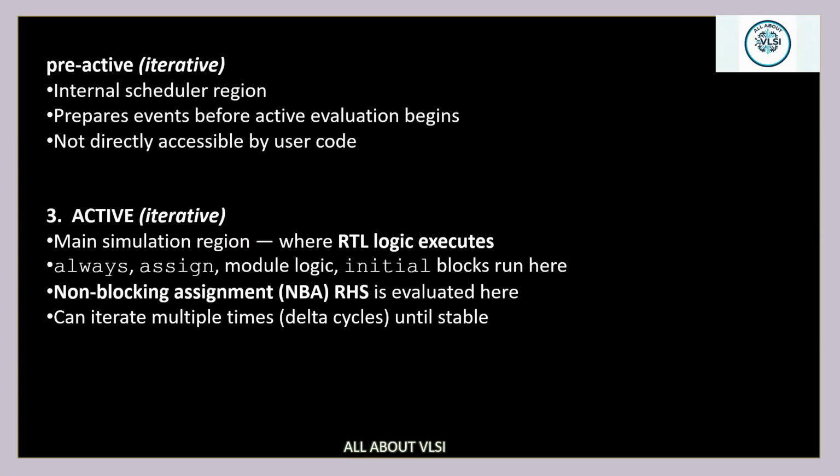Okay. Next, we are going to have something known as the pre-active region, which is basically an internal scheduler region, and we are not going to access it or check what is present in it. Next is the active region.